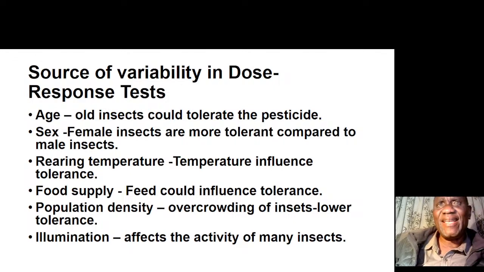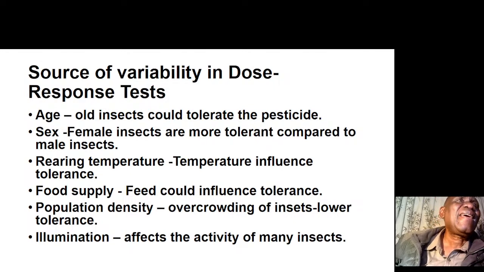Although we get a group of animals, number one, age can affect our results. We may end up saying the product is not toxic, yet it is very toxic. The reason could be we have used old insects which can tolerate the pesticide. So we tend to underestimate the toxicity.